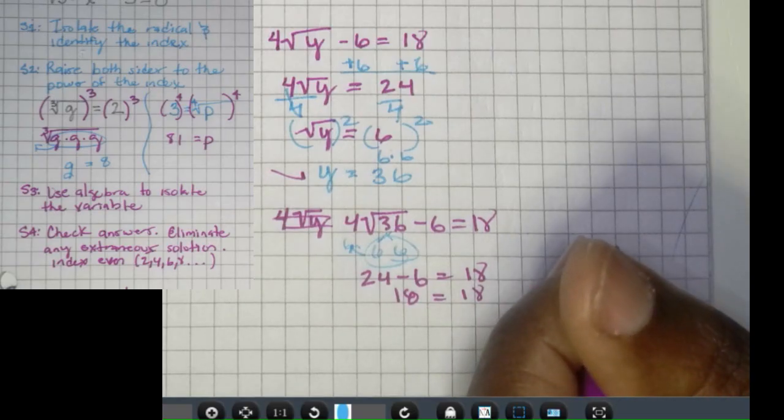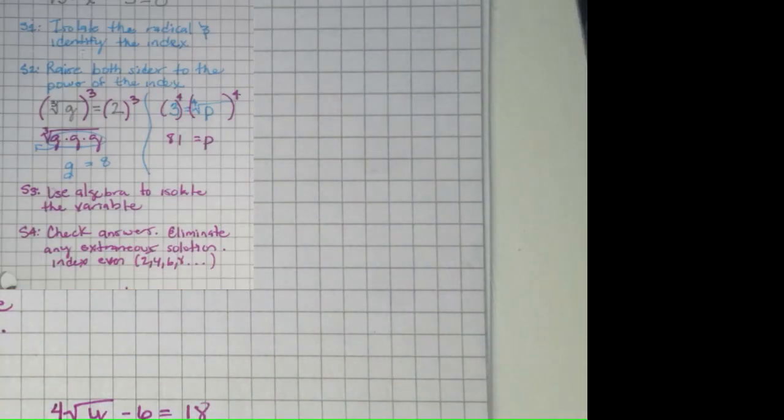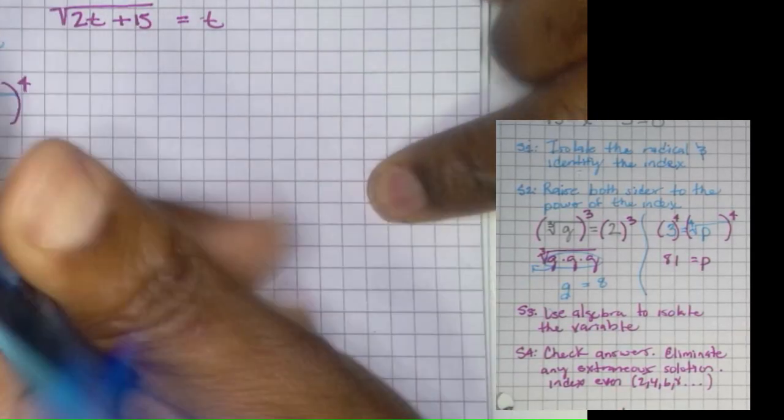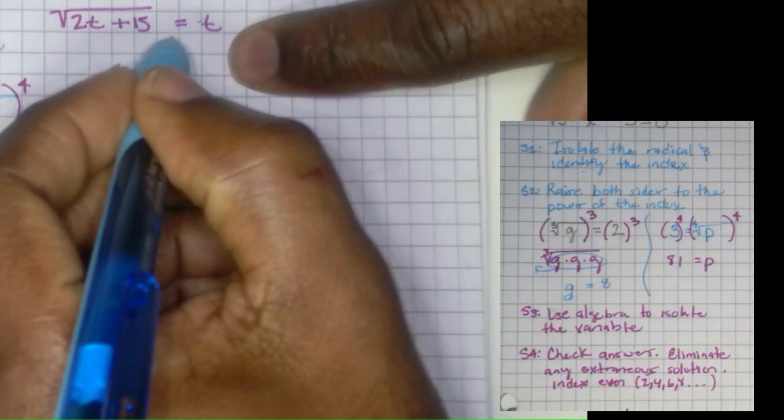Let's do one where it does not. Square root of 2t plus 15 equals t. All right. So the good news is that the radical is already by itself.